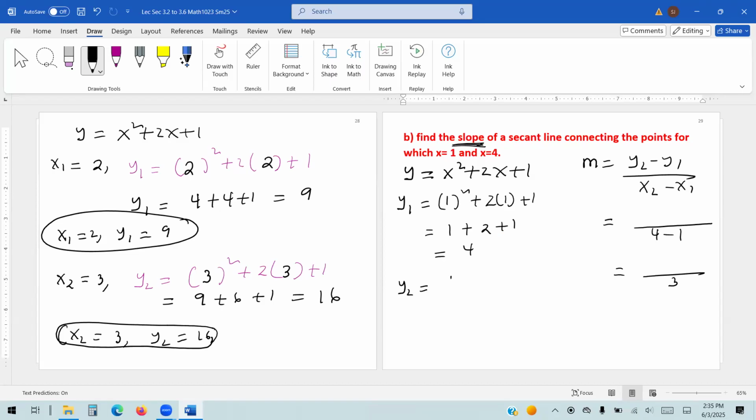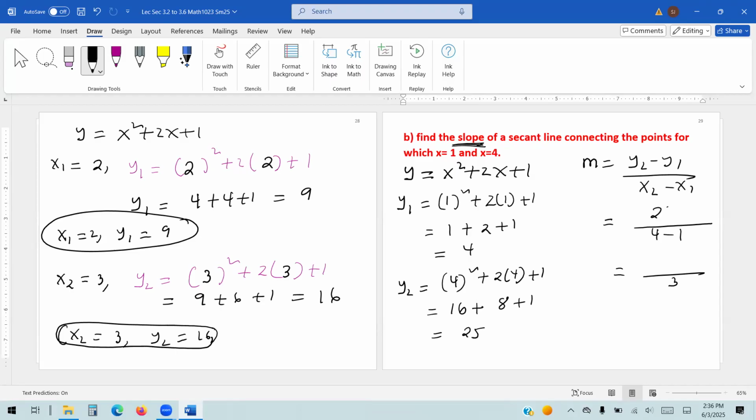y2 is 4 squared plus 2 times 4 plus 1. And 4 squared is 16. 2 times 4 is 8. So we have 16 plus 8, 24, plus 1, 25.